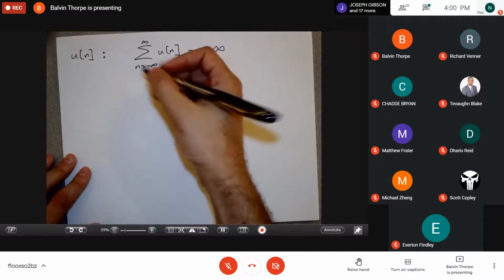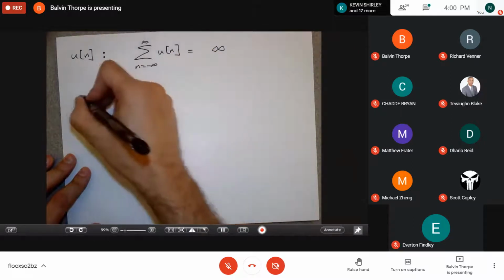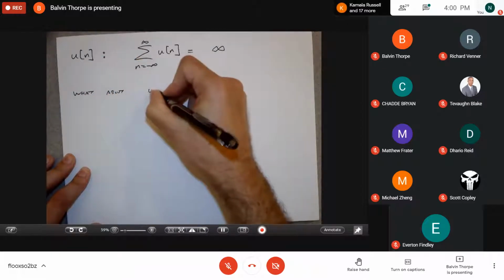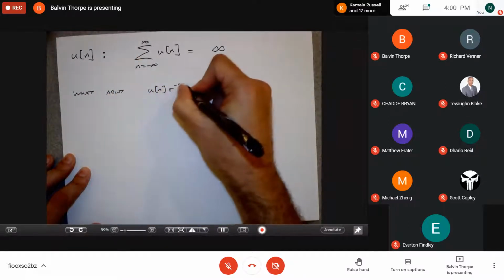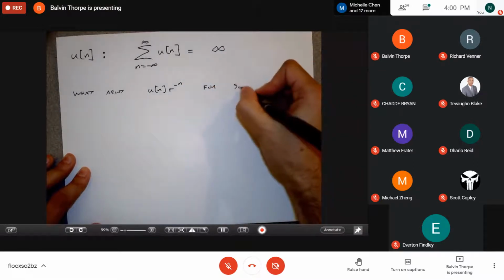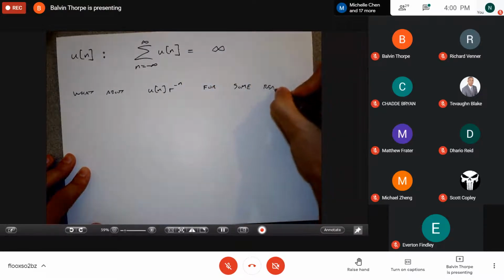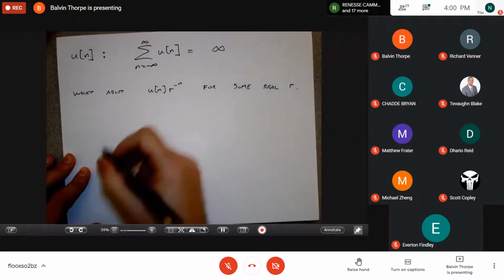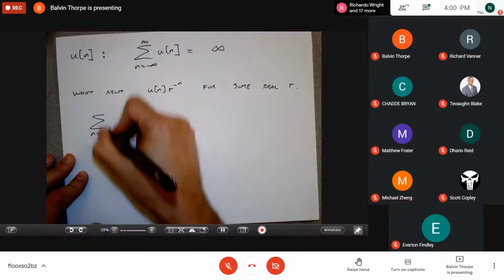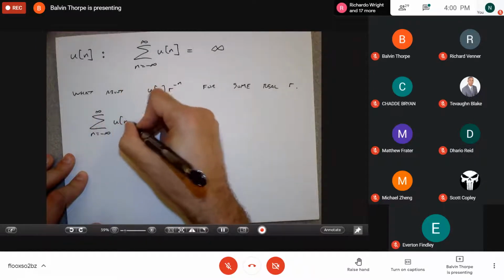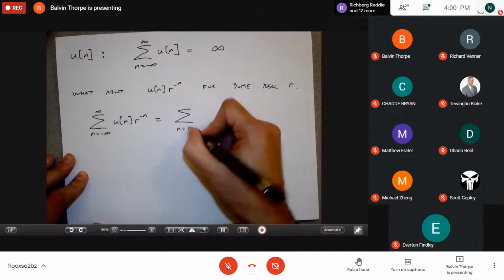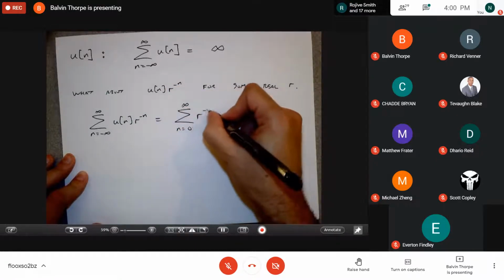However, if I were to look at u of n r to the minus n for some real r, in that case the sum would look like this, and I would get out the step function like this.